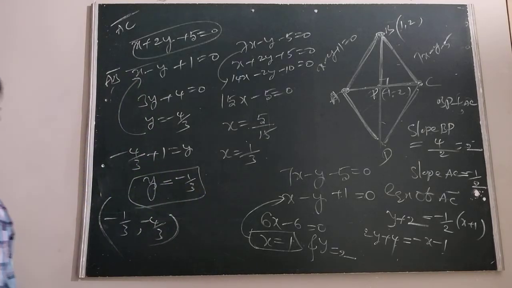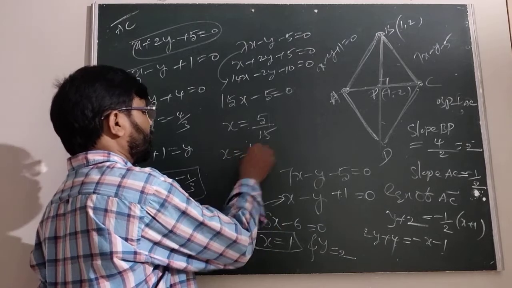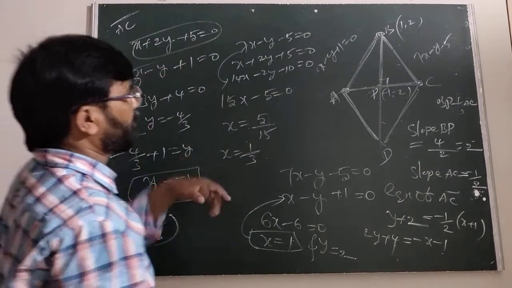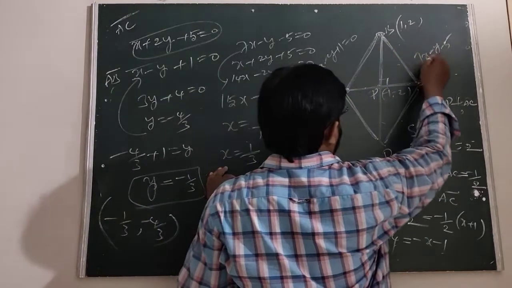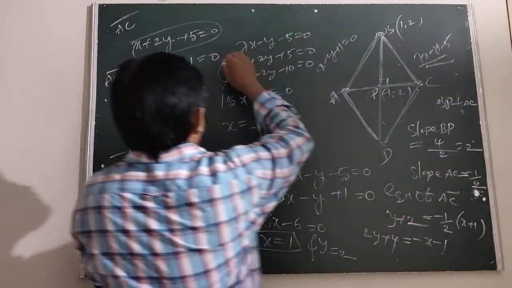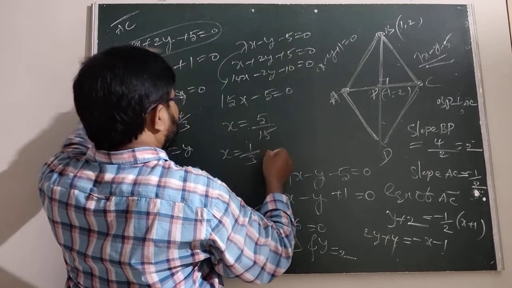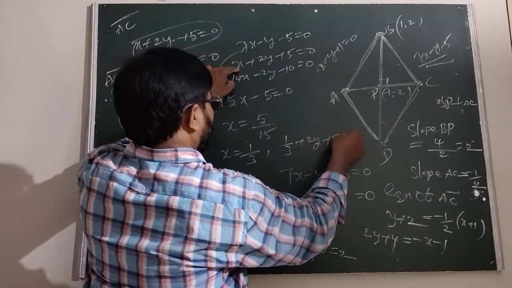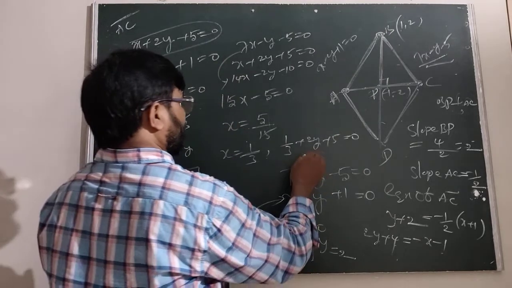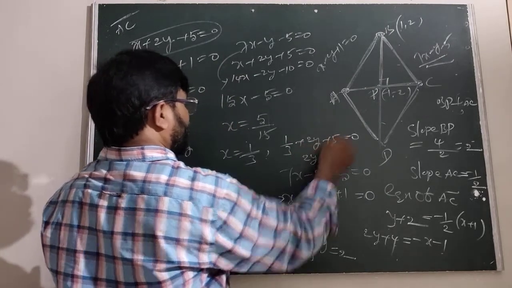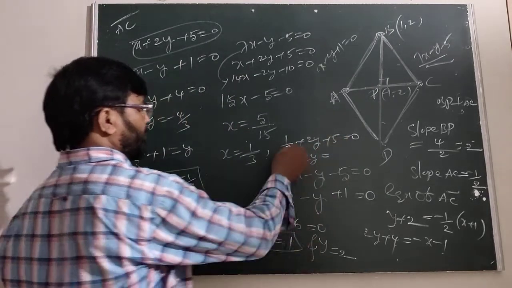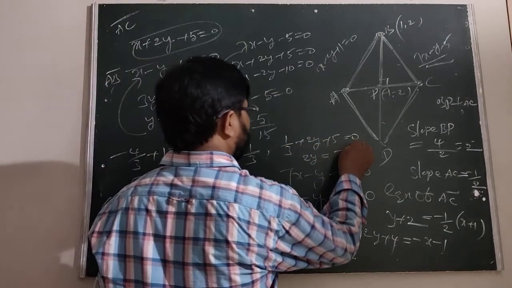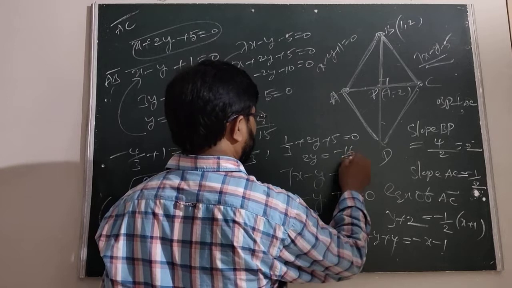Okay. Is it clear? When we get x equal to 1 by 3, we substitute it in this equation. Substituting x equal to 1 by 3 in x plus 2y plus 5, we get 2y equals minus 5 times 3, which is 15, plus 1, that is 16, minus 16 by 3.